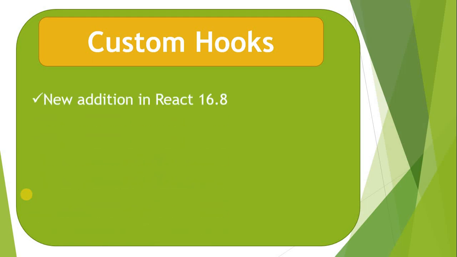It can be used in React version 16.8 or later, but if you are using a version previous to 16.8, you cannot use this feature. So basically a custom hook is a reusable function that you can define once and use multiple times, right?